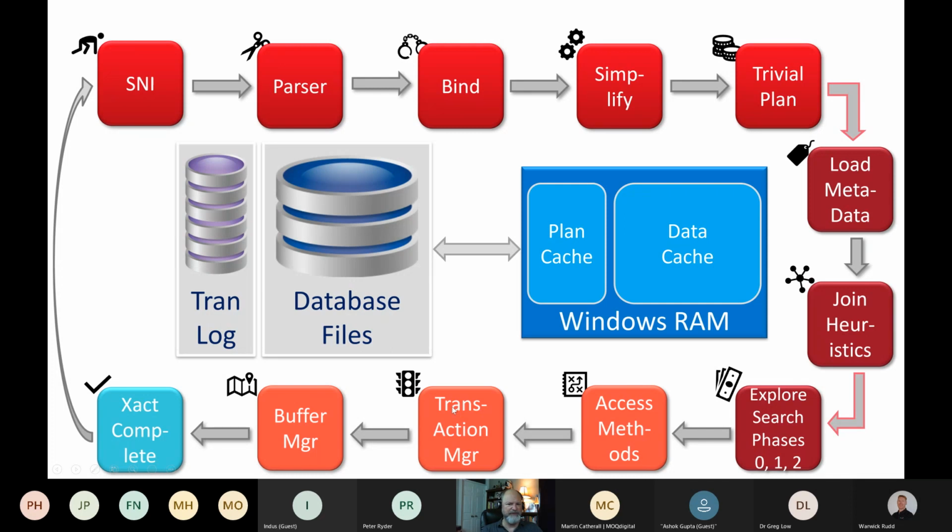Okay, Transaction Manager. That's a big structure with a lot of heft to it. And then right in the middle, we have the dominant high-rise buildings. We've got the transaction log, the database file or files, and we've got the buffer pool, which is Windows RAM, and it's divided into a bunch of different caches. So think of these as like high-rises, really big buildings.